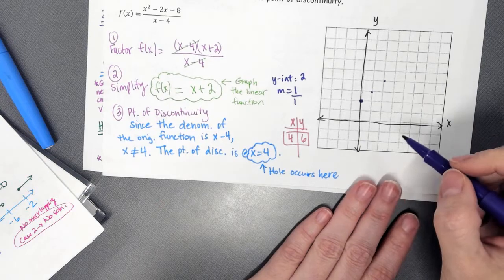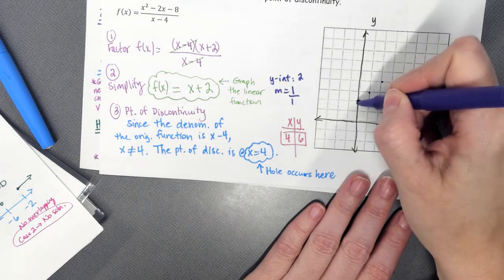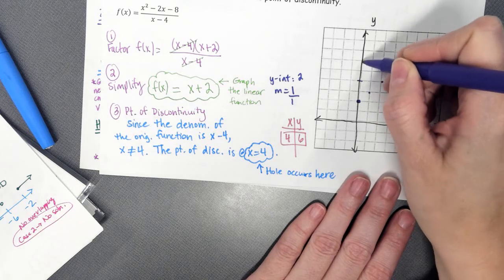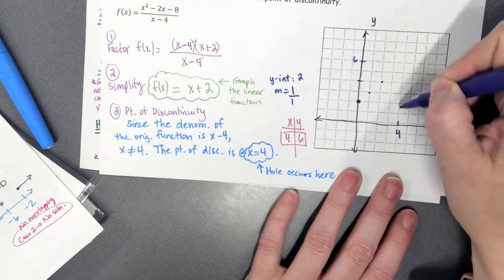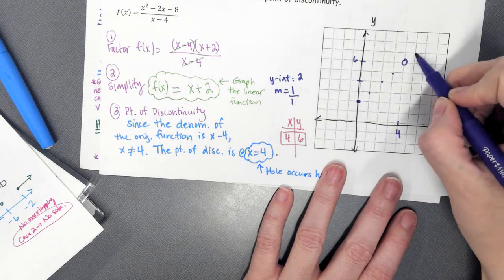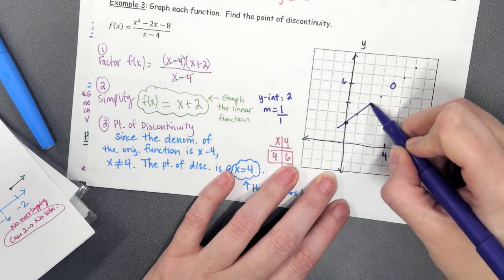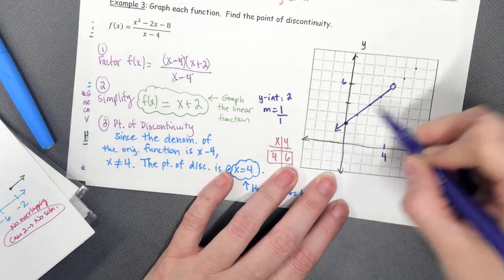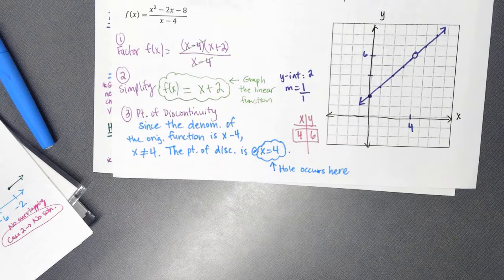And if you want to put the hole in your graph right away, you can. So this is 2, 3, 4, 5, 6. 1, 2, 3, 4. Okay, and then up 1 over 1, up 1 over 1. Okay, so then your graph is going to be a line with a hole in it at 4, 6.